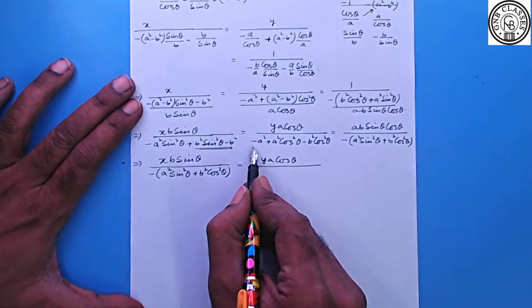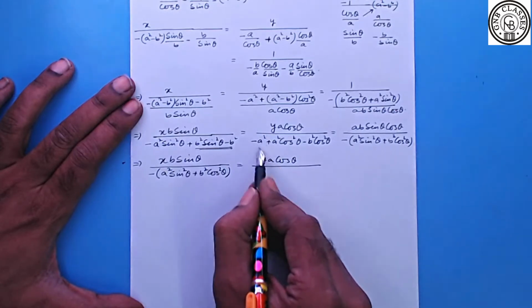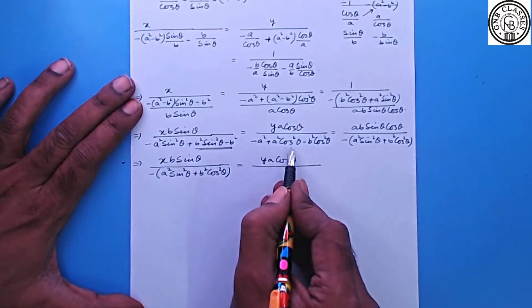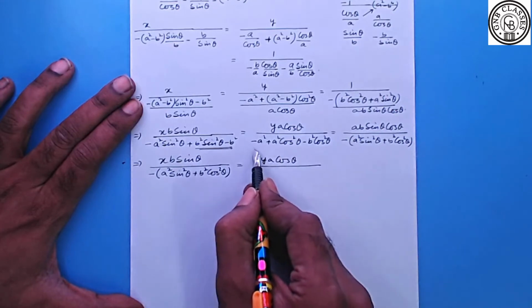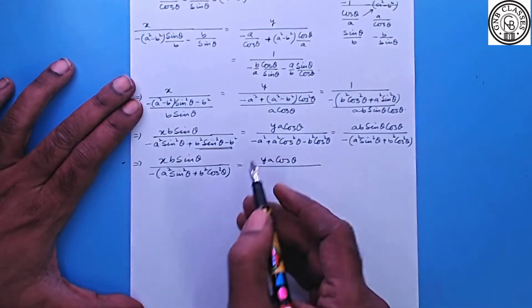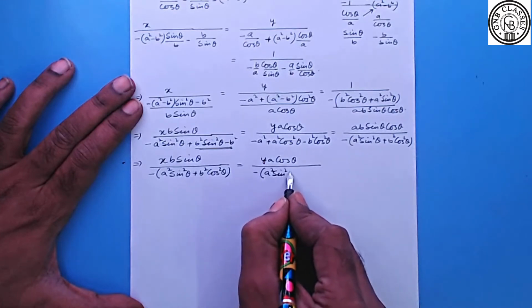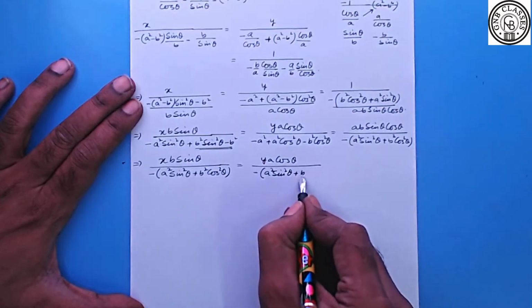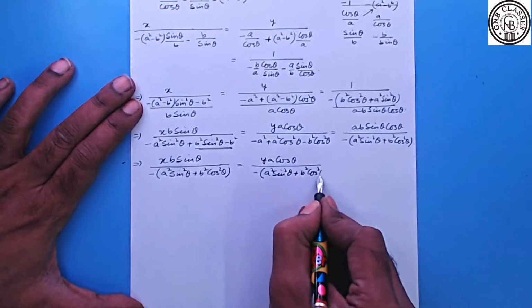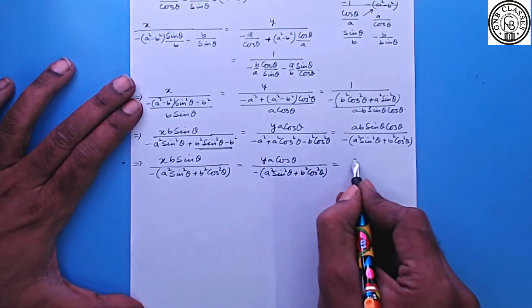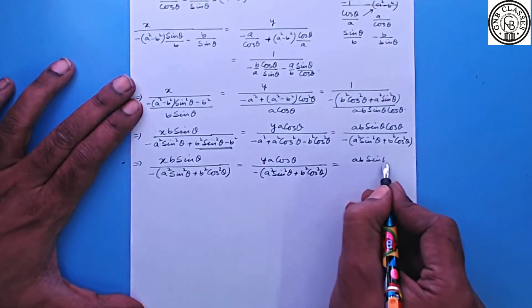If I take minus a square common from minus a square cos square theta, we are having 1 minus cos square theta, which is sin square theta. So that gives you minus a square sin square theta. Now if I take a minus common, it will be a square sin square theta plus b square cos square theta, which is equal to ab sin theta cos theta.